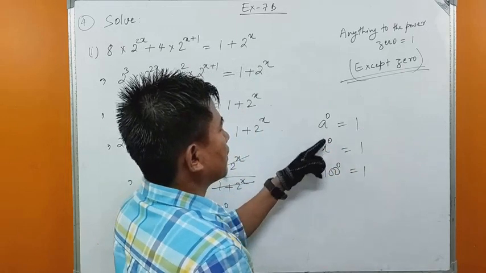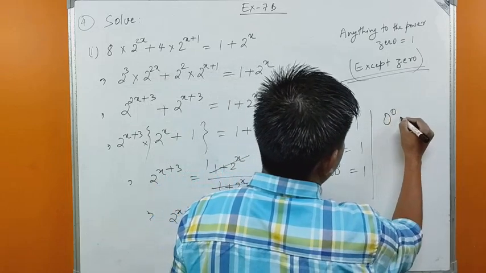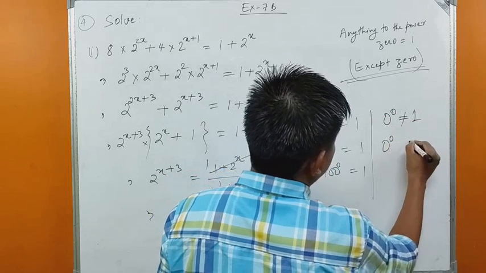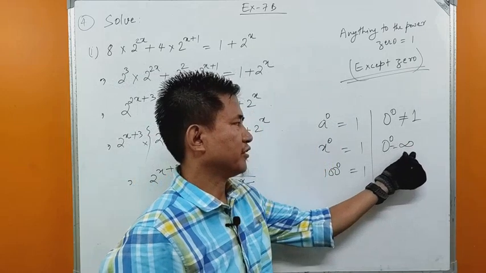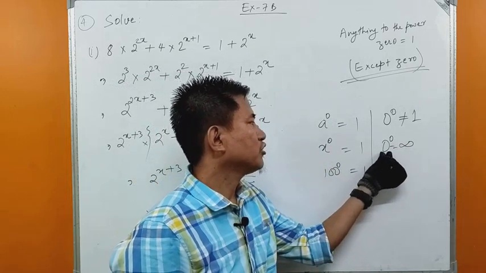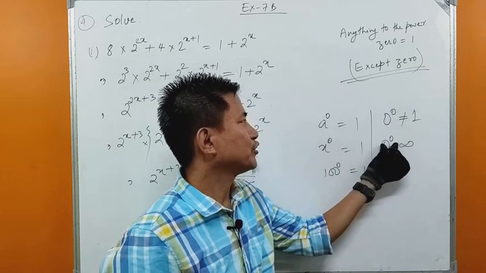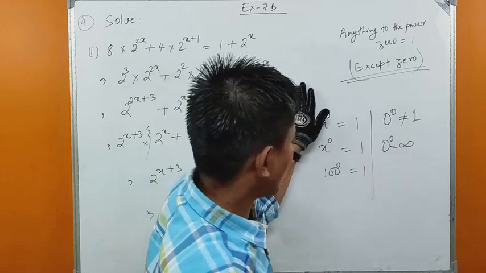Any number raised to power 0 is always 1, but 0 to the power 0 is not equal to 1. 0 to the power 0 is undefined. Apart from 0, any other non-zero number raised to power 0 is 1.